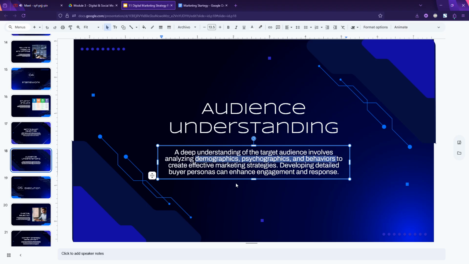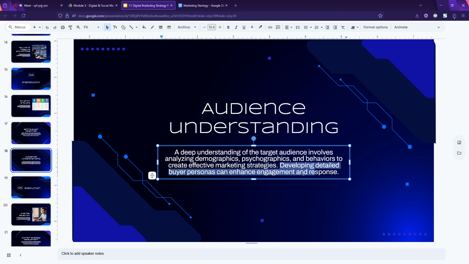The psychographics was the psychological behavior that we did in roughly the sixth or seventh class, where we saw the framework, the FOG model, and AIDA, right? We need a deep understanding of the target audiences so that we can create an effective marketing strategy.